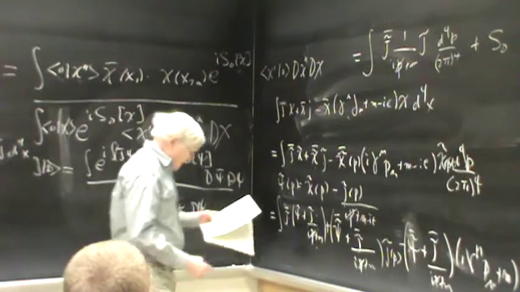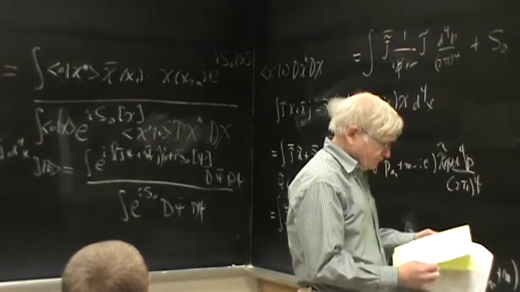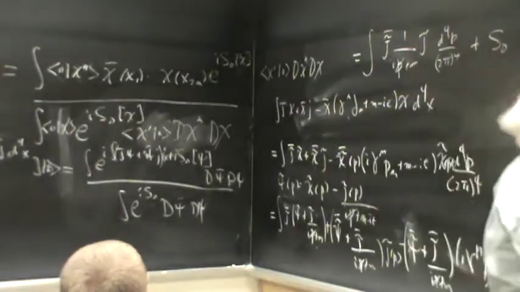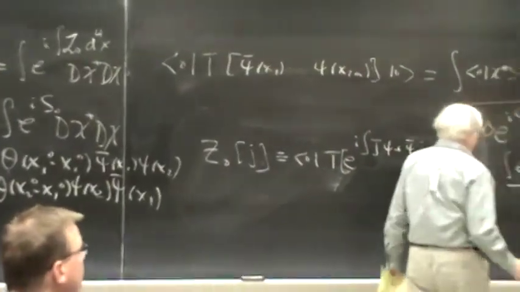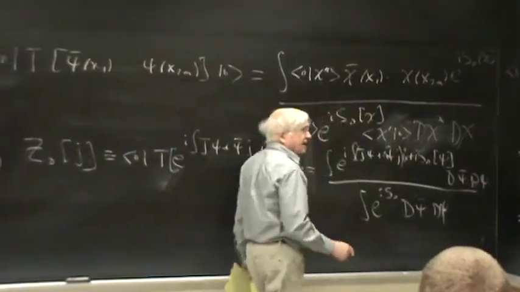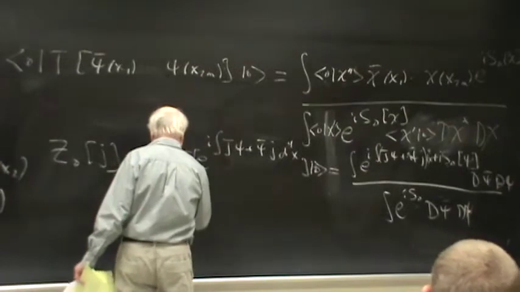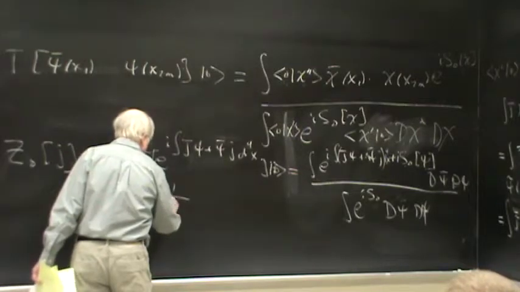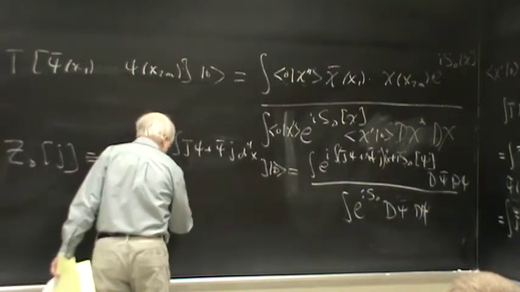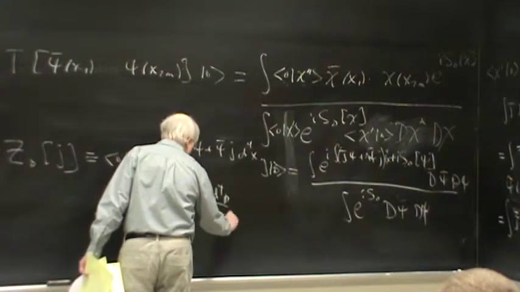And so what's the bottom line? The bottom line here is that this Z0 of J, which I can do over here, is this thing, and so what does that thing turn out to be? Well, it's an integral, e to the j tilde bar 1 over i p-slash plus m j tilde d4p over (2 pi) to the 4th.